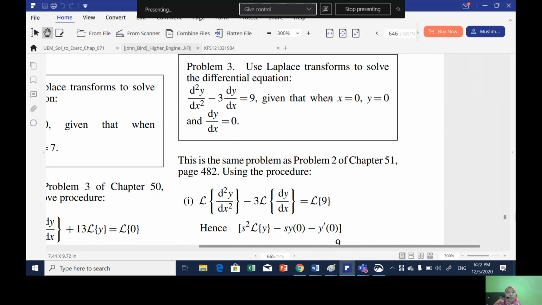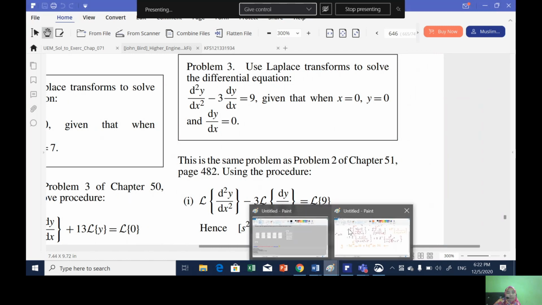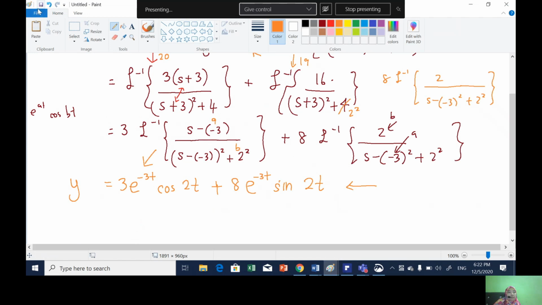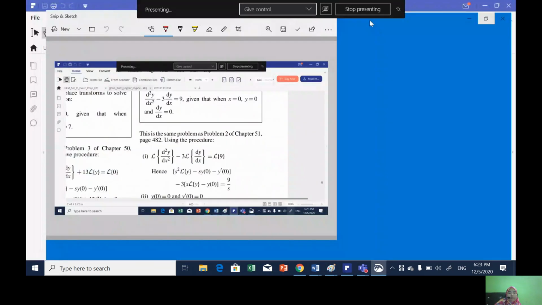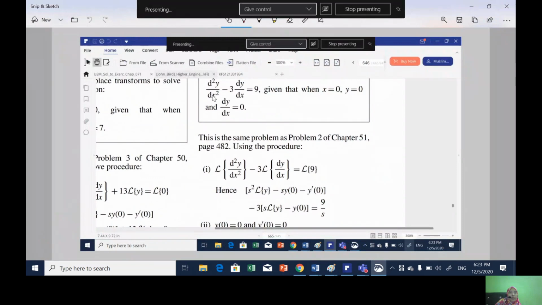We are going to try another example, for problem number 3. So this is the original equation. It's very simple. The first order transforms to this form, change it into this bracket.